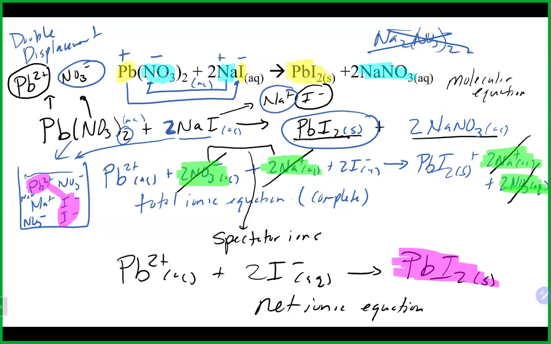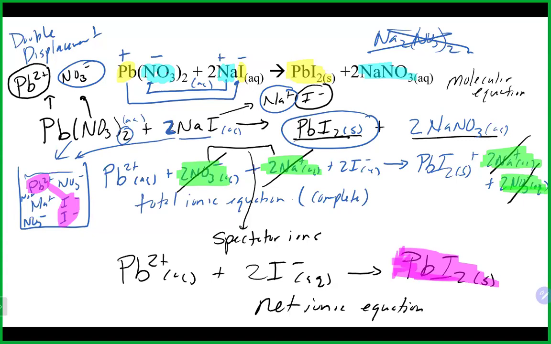That is ultimately what is happening in this reaction. As you can see in the picture, our sodium ions and nitrate ions are just floating around. They are not coming together. They're just having a good swim, but it's the lead and the two iodides that are going to come together and make this solid and take everybody out of the pool, if you will.